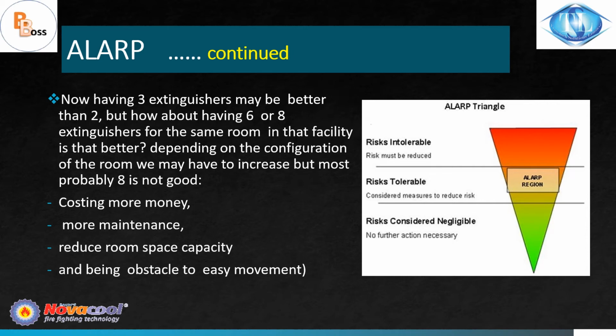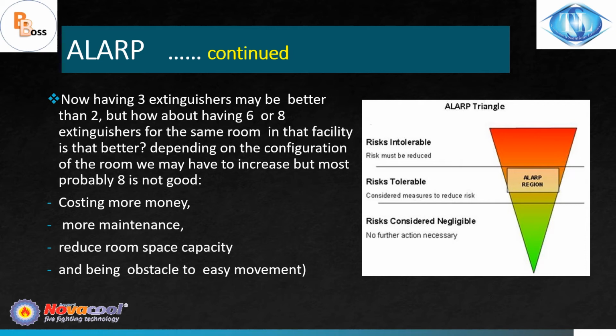Let's go back to the room where the code said that type of facility requires 2 fire extinguishers. And we said if we have 2 fire extinguishers, we have achieved ALARP for that particular hazard. Now, what do you think? If we have 3, is that better than 2, and is 5 or 6 or even 8 better than 3? No. We have to think about it like that.